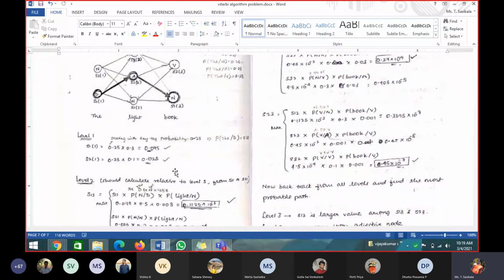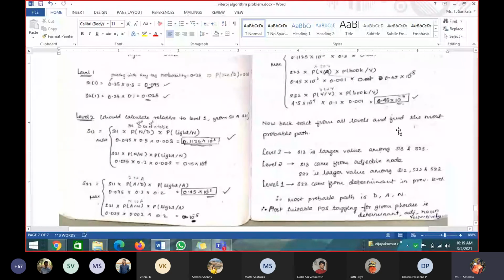After calculating and finalizing, you now have to backtrack from all the levels and find the most probable path. So start from level 3. S13 is a larger value among S13 and S23, right? Yes or no?